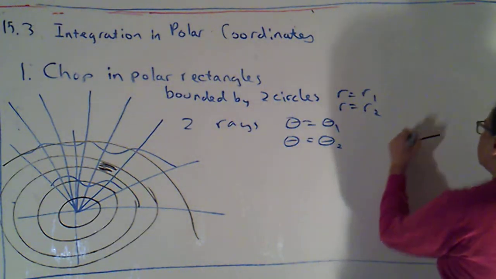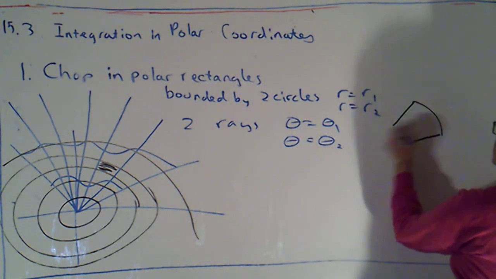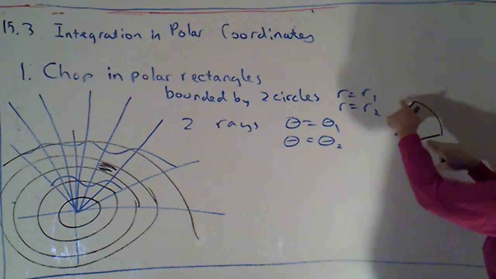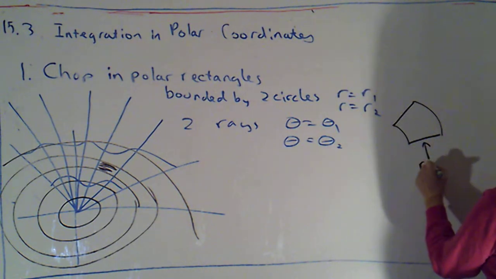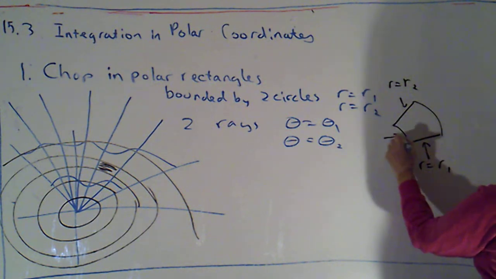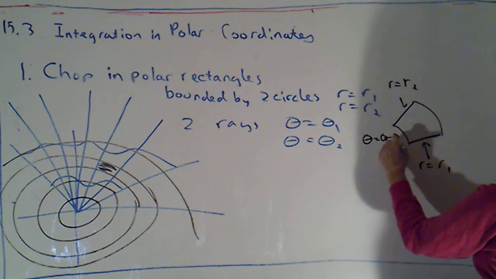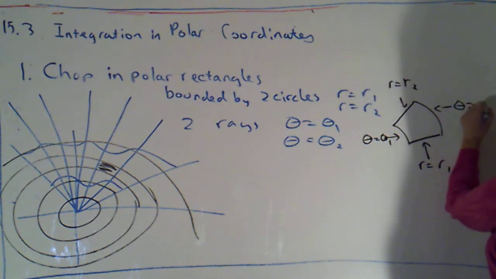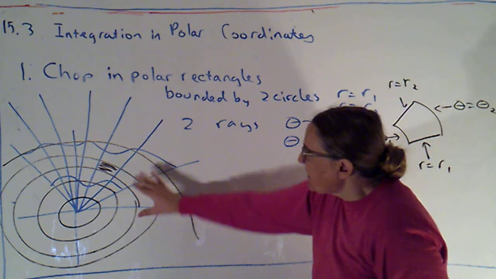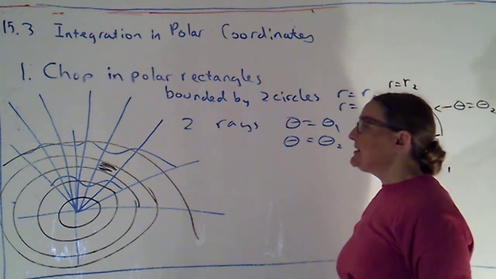It's bounded by 2 circles and 2 rays. So this would essentially be my r equals r1, r equals r2, theta equals theta1, and theta equals theta2 for my lovely polar rectangle. Okay. Now, of course, I'm chopping my region up into a bunch of pieces.